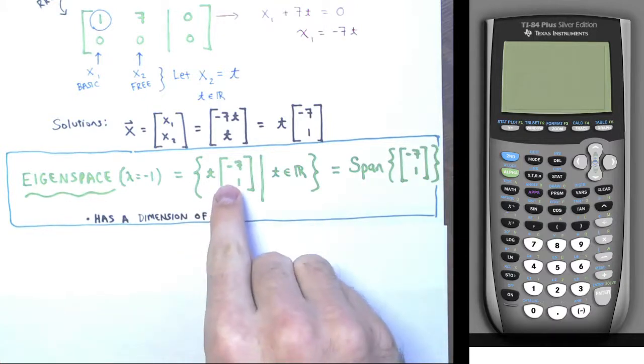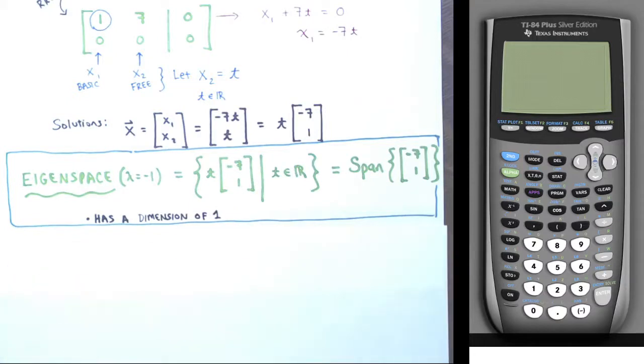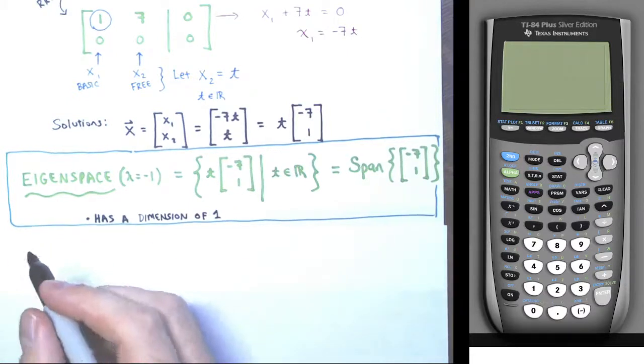This set has the 0 vector in it. The eigenvectors can't be 0 vectors. They have to be non-zero vectors.